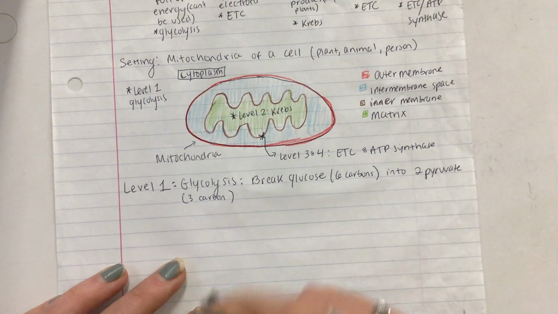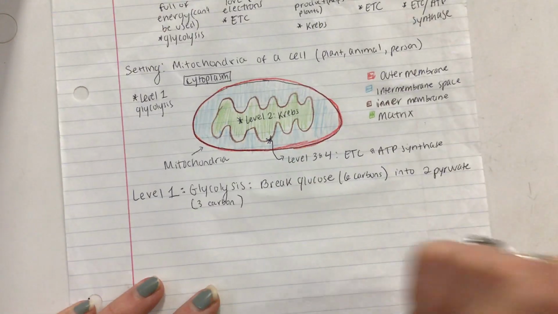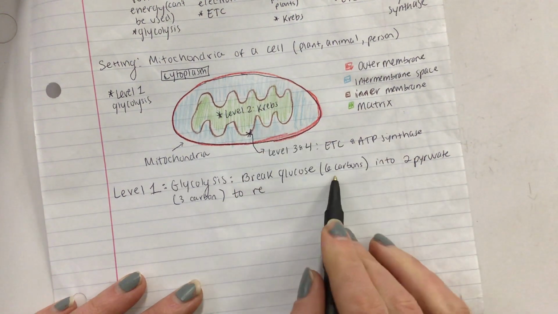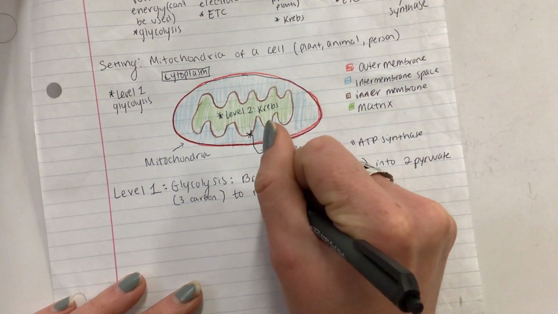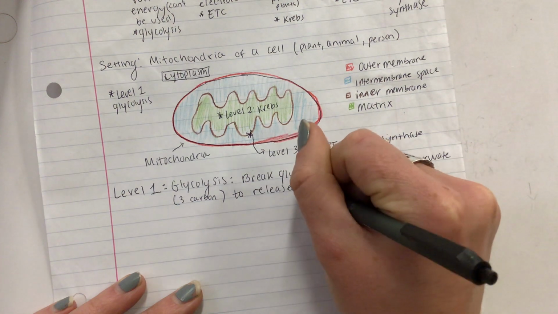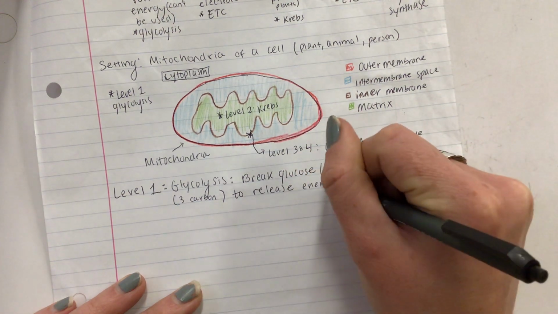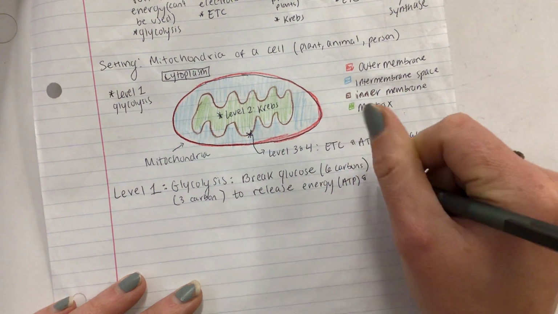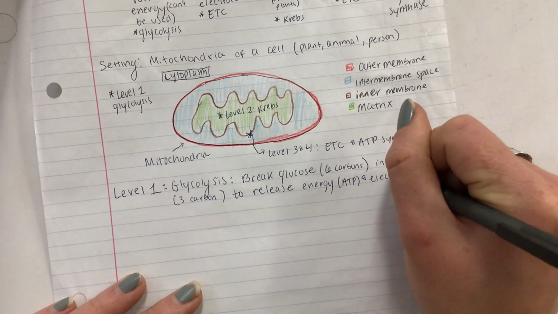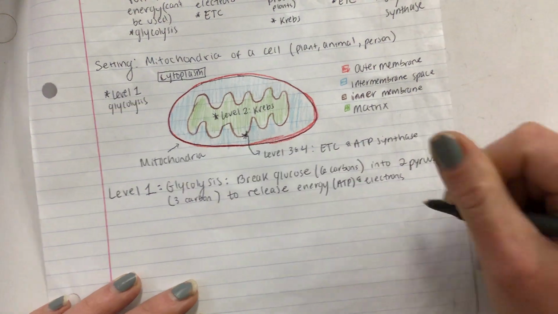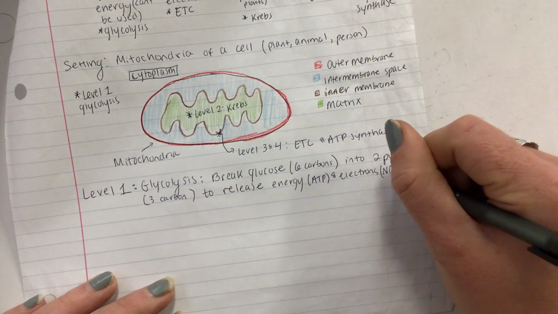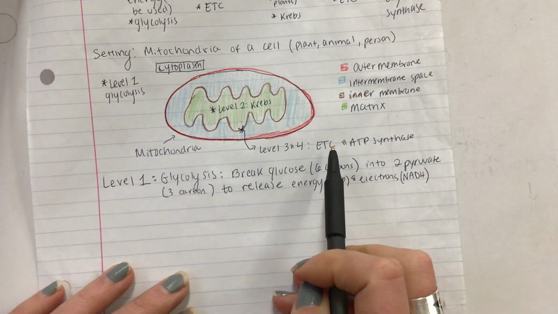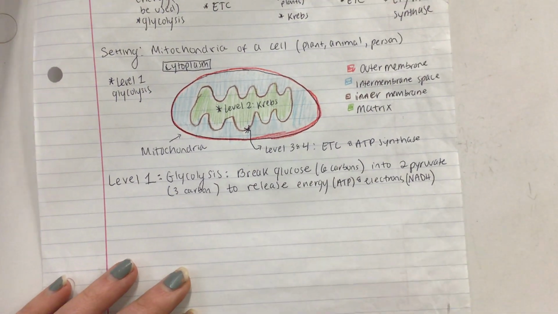As you do this, you will be releasing, so break glucose into 2 pyruvate to release energy that will be stored in ATP and electrons that will be carried by NADH to the electron transport chain eventually when you get to level 3.